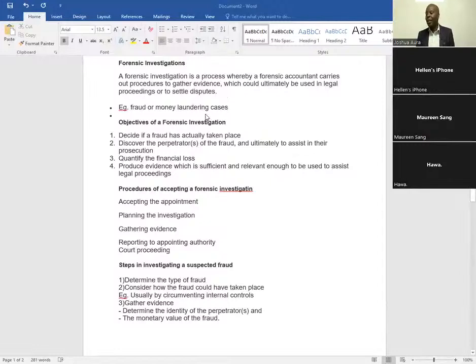What are the major objectives of a forensic investigation? So the first objective there is to decide if a fraud actually took place. You know, at times, ladies and gentlemen, the owners of the business, the directors in this case here, may suspect some fraud scheme. So they look at this person, they think that this person for sure has been stealing.